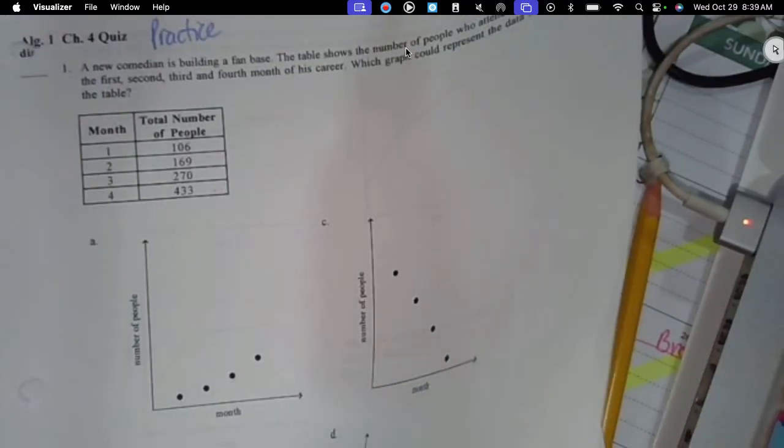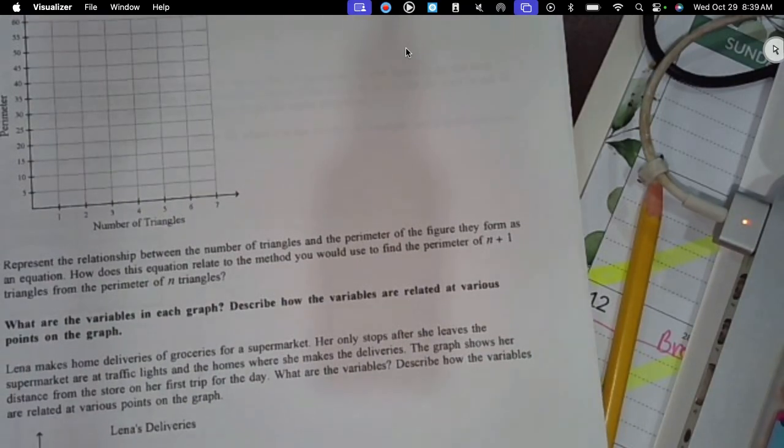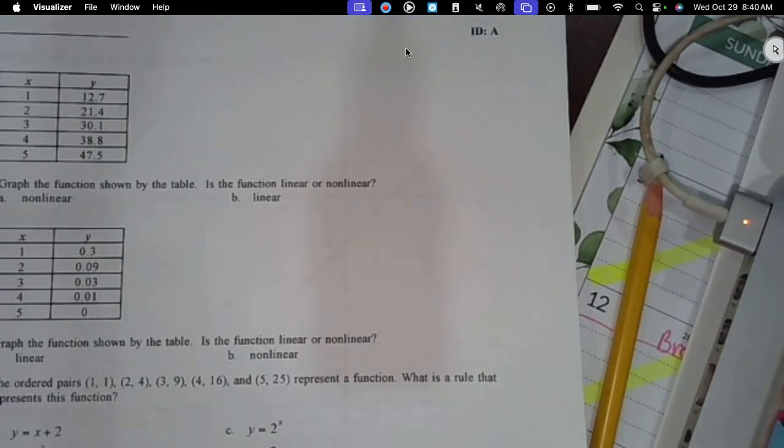Then I have, oh, this practice quiz was different. Or did I skip something? Here they are. That's what I skipped. I will have linear or not linear.